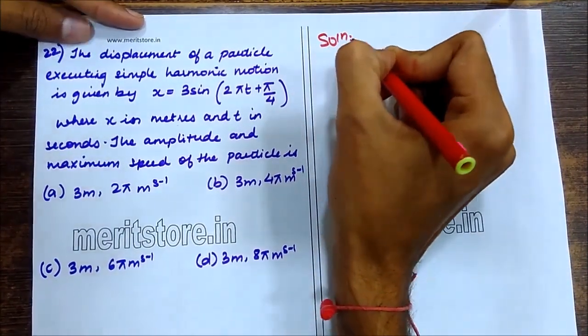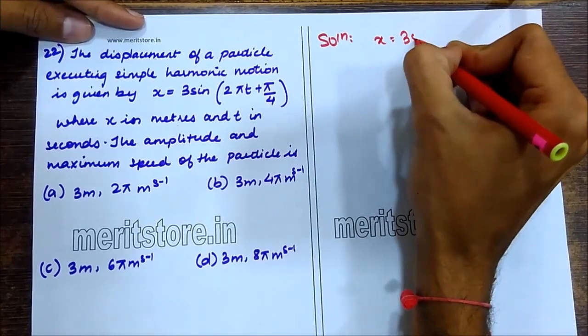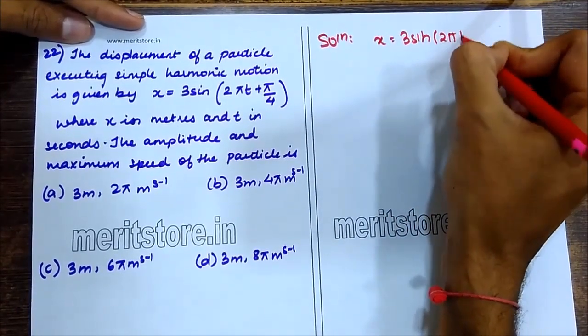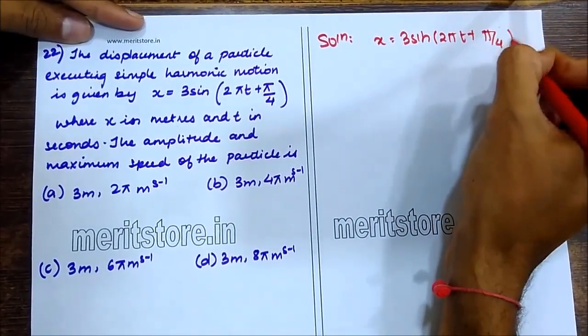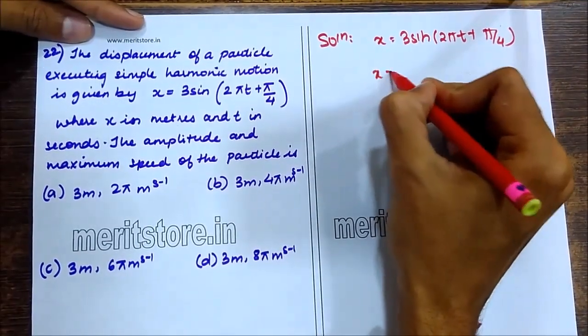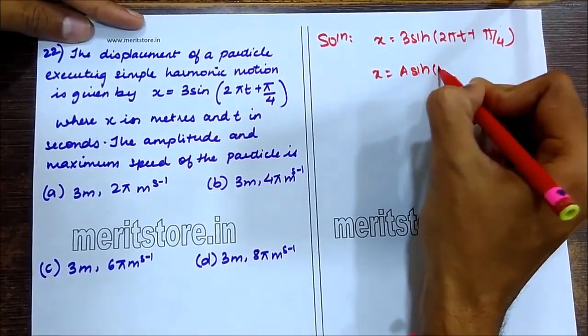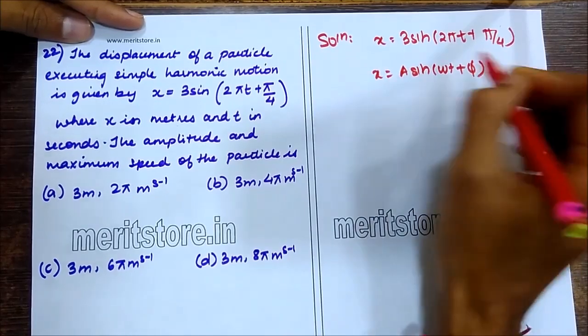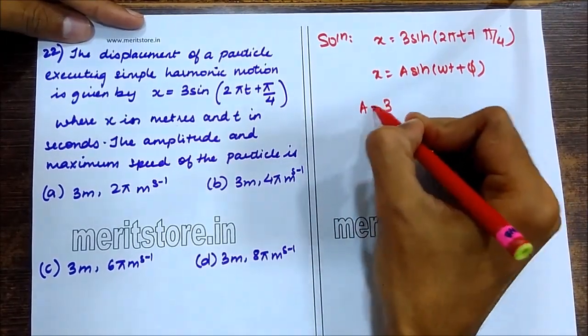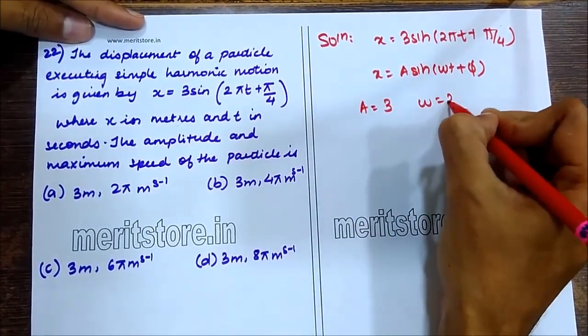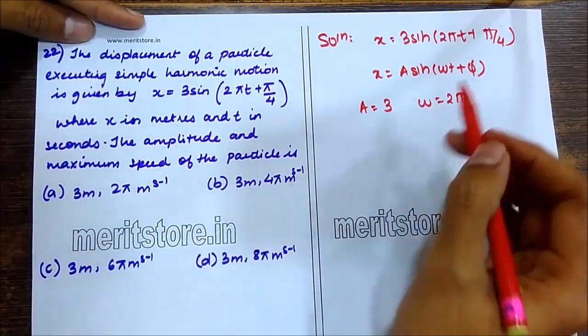So first we write the equation x equals 3 sin(2 pi t plus pi by 4). We compare it with our general equation x equals a sin(omega t plus psi). Comparing, we get amplitude a equals 3 and omega equals 2 pi. Now we need to find the maximum speed.